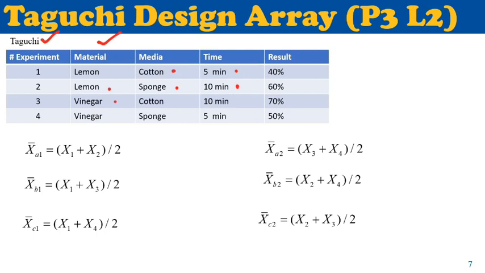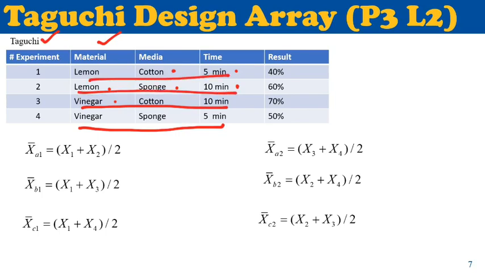Again, you will not see a test which is similar. The combinations are not the same. So vinegar, sponge, 5 minute, there is no other test which is vinegar, sponge, 10 minute, right? So we're reducing the number of tests.